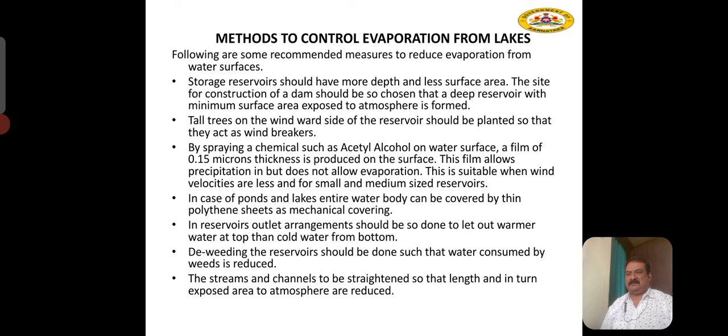This film allows precipitation in but does not allow evaporation. This is suitable when wind velocity is less and for small and medium sized reservoirs. In case of ponds and lakes, the entire water body can be covered by thin polythene sheets as mechanical covering.